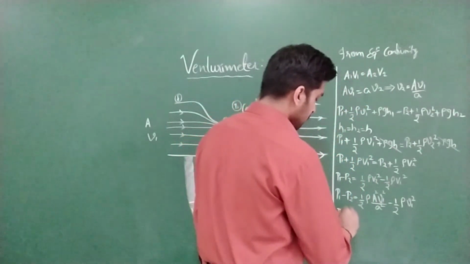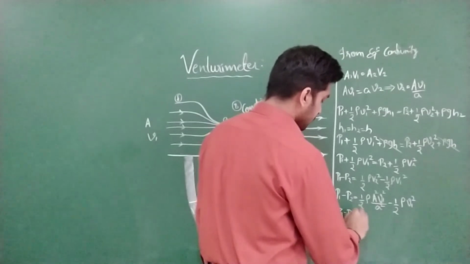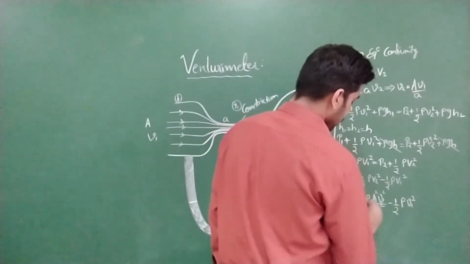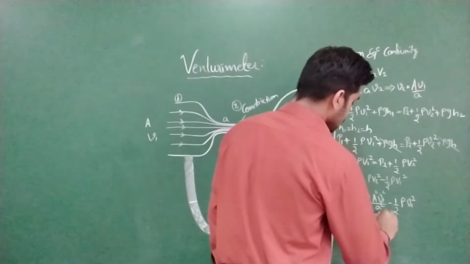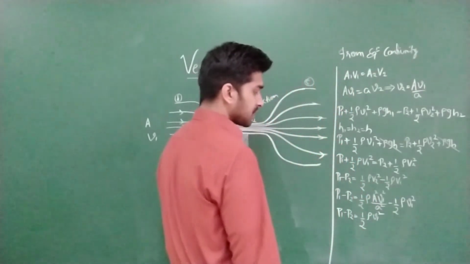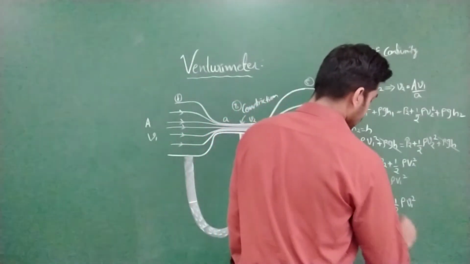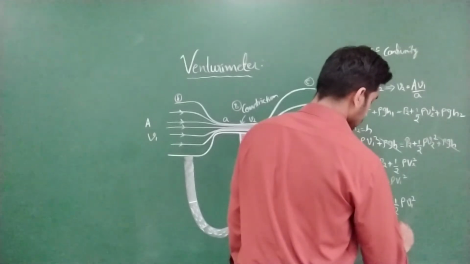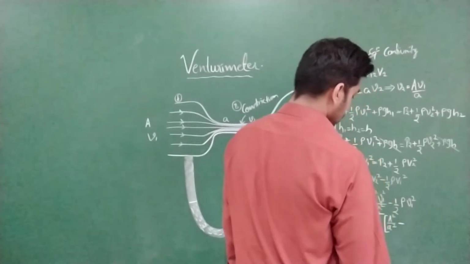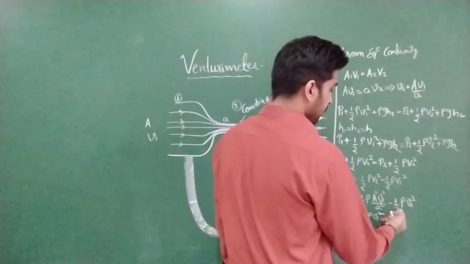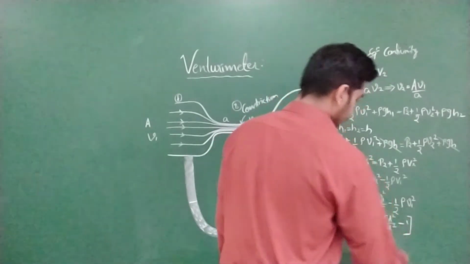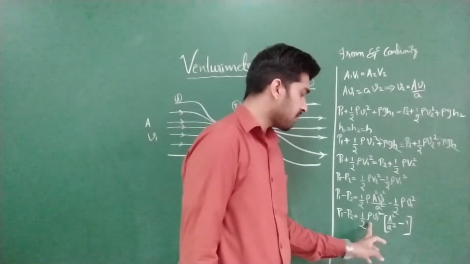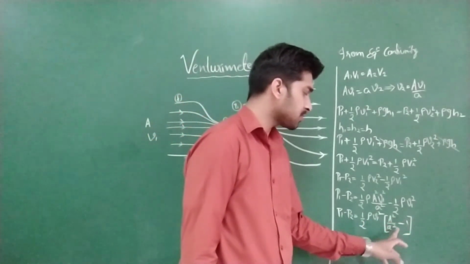So P1 minus P2 is equal to half rho V1 square, and inside the bracket I can write A square by small a square minus 1. So P1 minus P2 is equal to half rho V1 square into bracket A square by small a square minus 1.